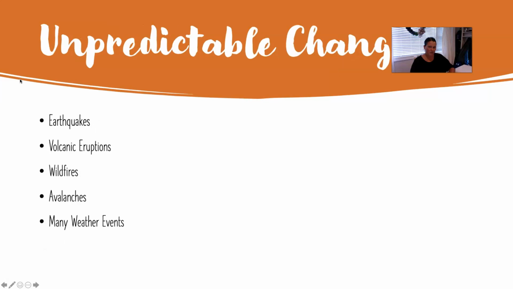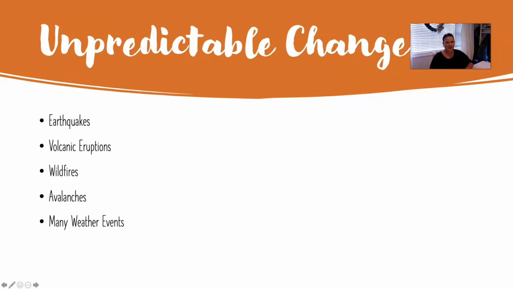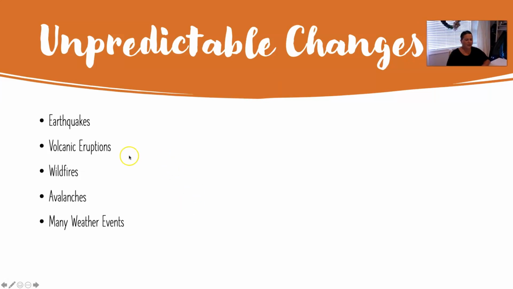So let's jump over to unpredictable changes. I often like to think of unpredictable changes as almost like a natural disaster. So things like earthquakes, volcanic eruptions, wildfires, avalanches, and many weather events, not all, but many weather events, are very unpredictable.